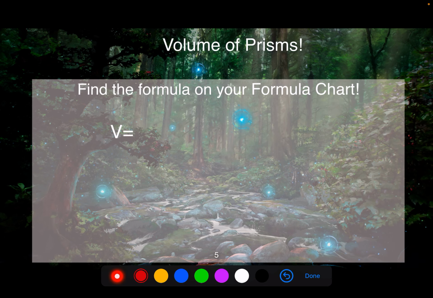So volume of a prism. Find the formula on your formula chart. I want you to take time to look at the formula chart that's on your desk and find the section for volume, and then find the formula for volume of a prism, because we are working with volume of prisms today.